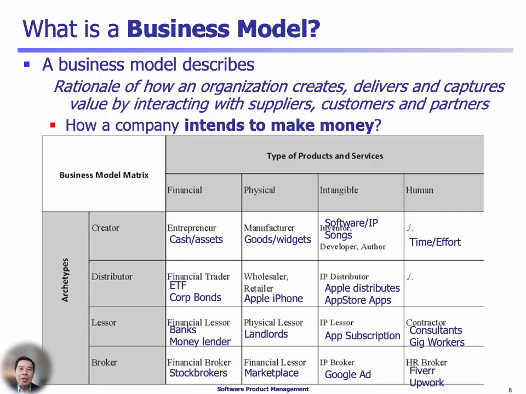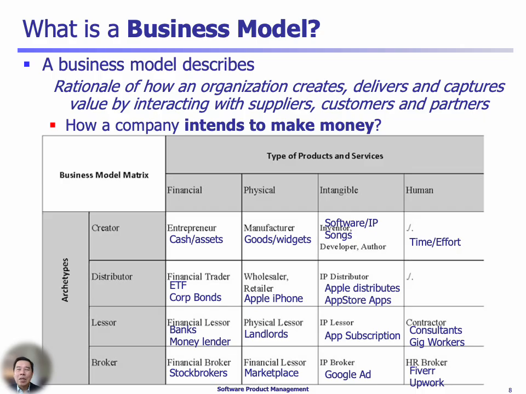And then a leaser is somebody who can loan you money, like a bank or a money lender. And a broker is somebody who manages this marketplace for different types of loans and investors and people who need that, and you get interest and you make money out of it.